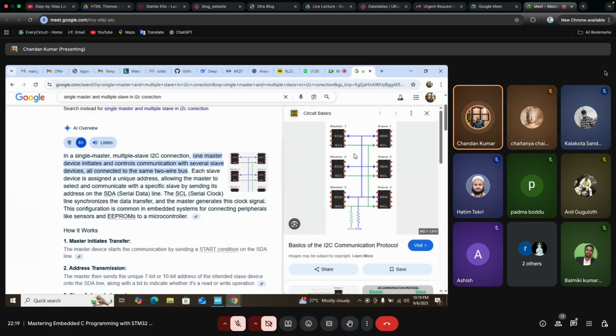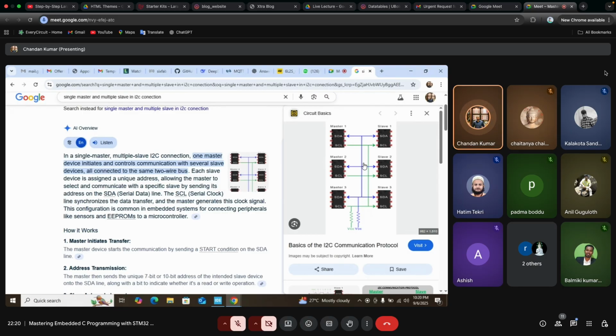Now there is another case where there are multiple masters and multiple slaves, which is shown in this diagram. So what happens in multiple master and multiple slaves? We have multiple masters and multiple slaves, and all these masters can communicate with all these slaves depending on whether it is free.